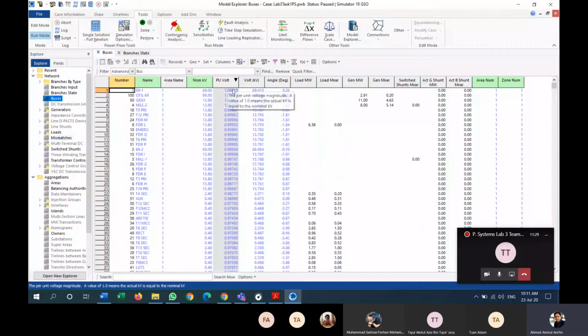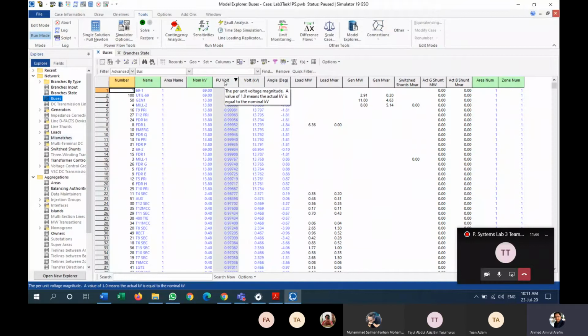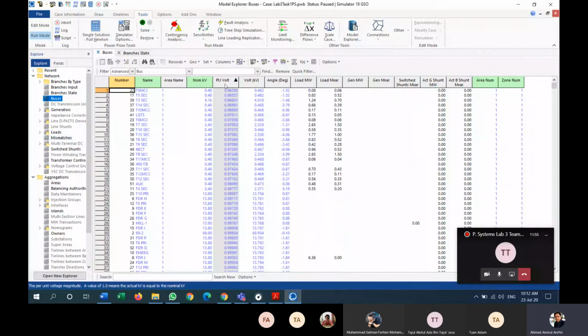In your lab report you have to write down which one is the highest bus and what its per unit voltage is, and which one is the lowest and what its per unit value is. If it's in the range, then it's okay, but if it's not, then you should try to improve it and bring it up to 0.95. But in this case all are in the range.